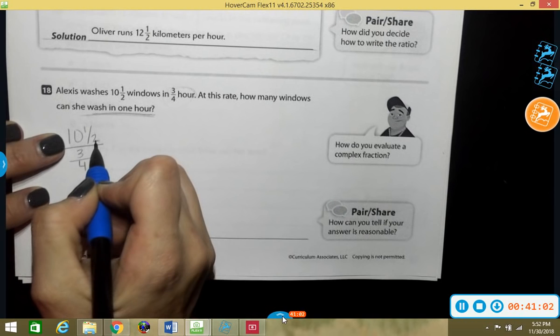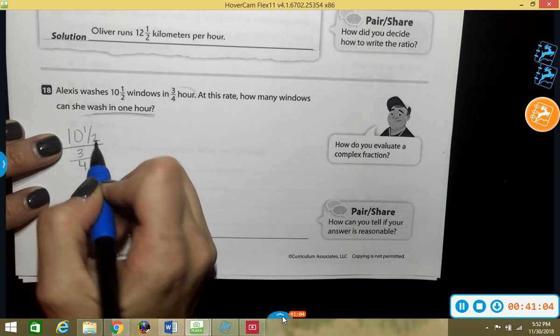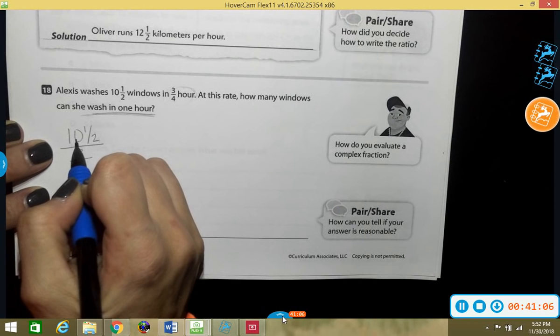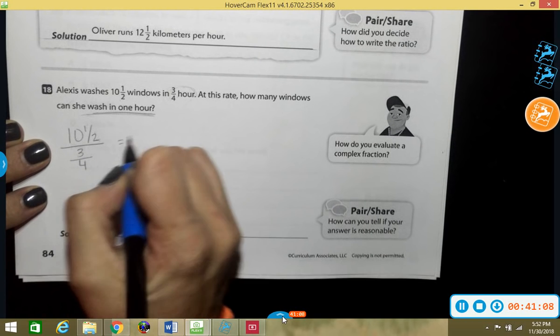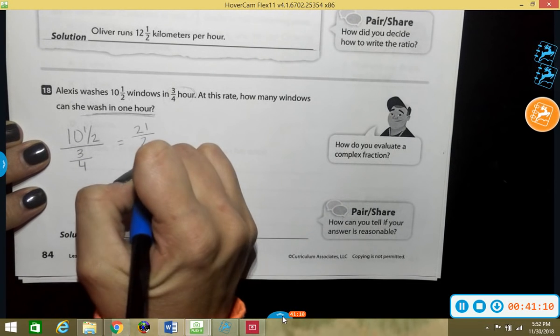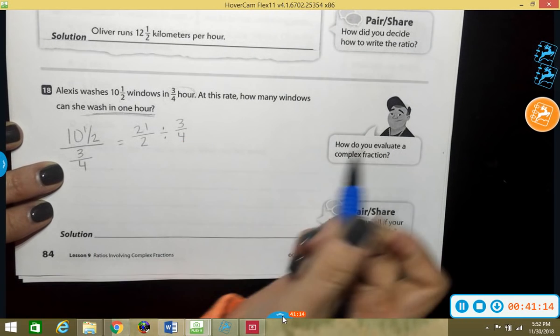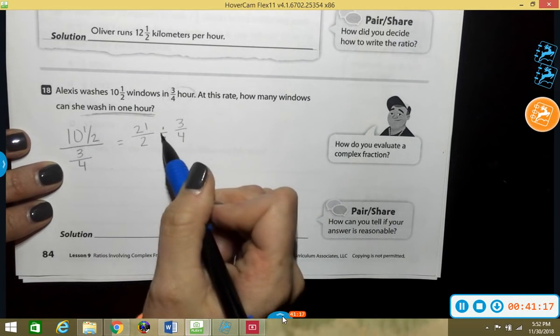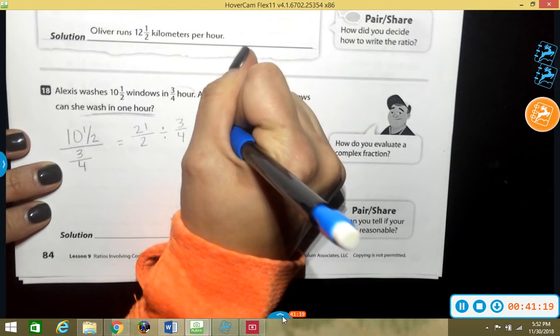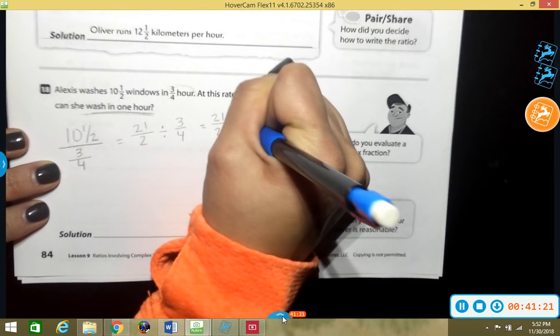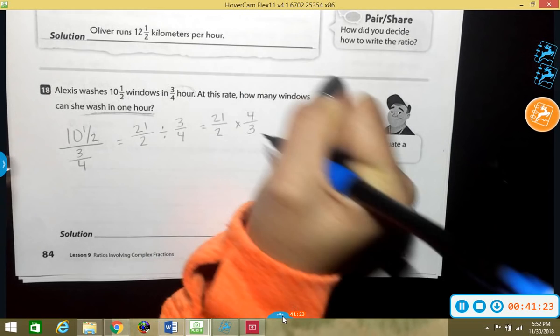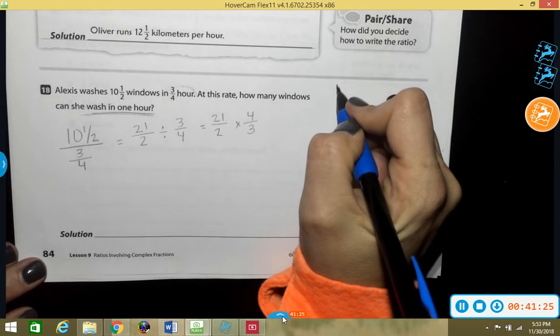So we take our mixed number and turn it into an improper fraction. 2 times 10 is 20, plus 1 is 21/2, divided by our 3/4. To solve this, we multiply by the reciprocal. So 21/2 times 4/3.